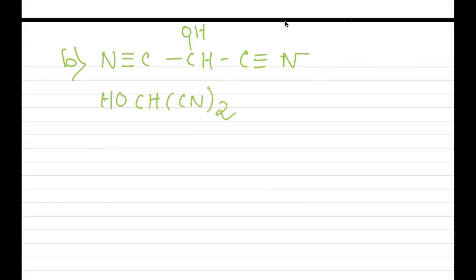This is the condensed formula, and the structural formula is like this. Bond line formula like this. Understood? Any confusion? No, miss.